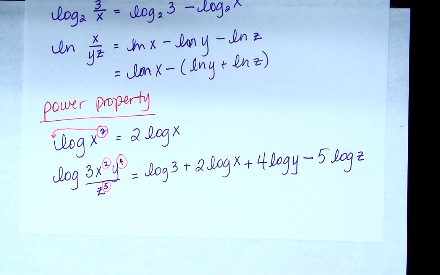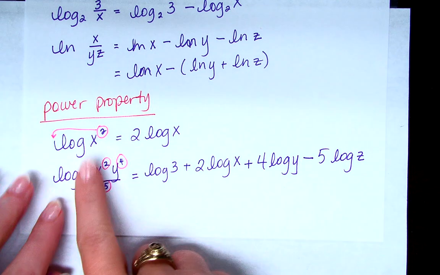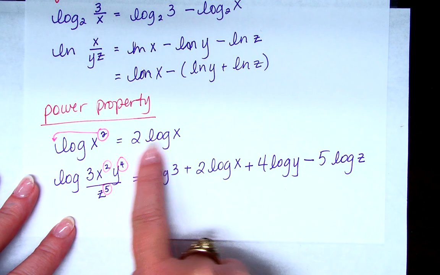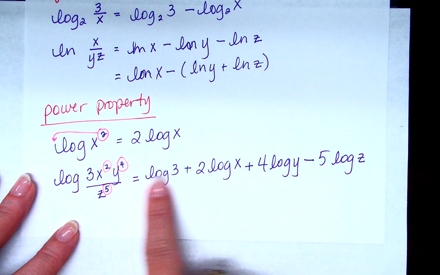On your homework tonight, it's going to ask you to expand or rewrite as a single logarithm. If you're expanding, it's exactly like all the problems I just showed you. You're starting here and expanding it to this.